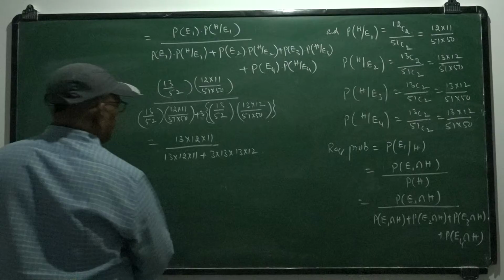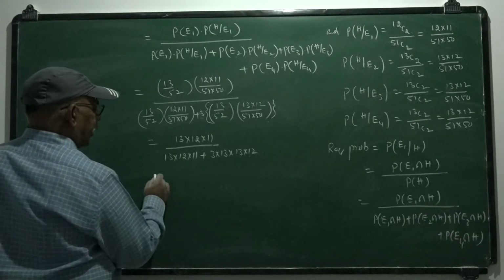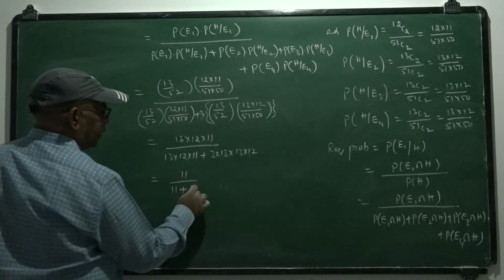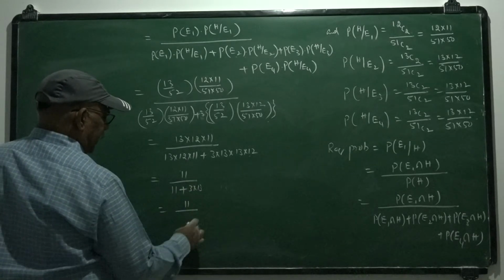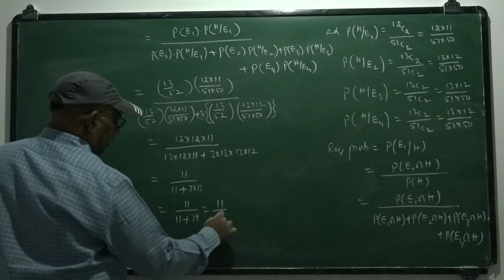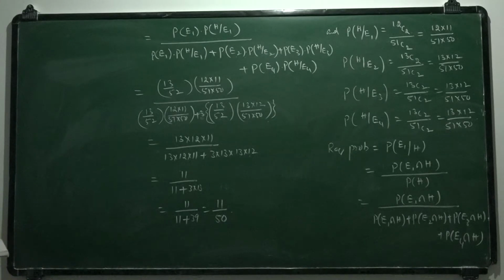You can remove 13 and 12. So 11 by 11 plus 3 into 13, that is 39. 11 by 50 is the required probability. So the required probability of getting two diamonds once a diamond card is missed from the pack of cards is 11 by 50.